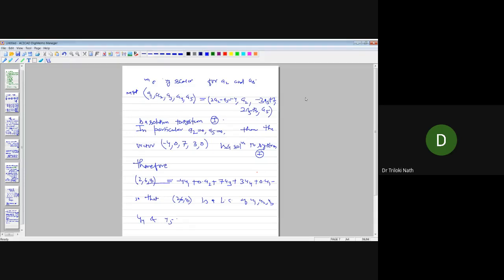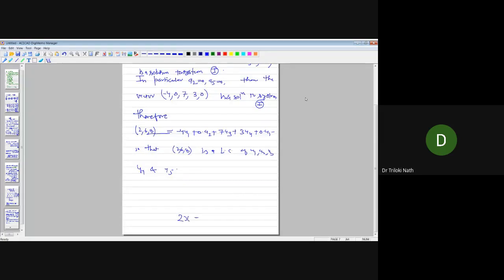Fine. So this process you have already done in your high school classes in 2 variables. For example, suppose you have 2x minus 3y is equal to, say, 5, and suppose you have x plus 3y is equal to 10, then this is a system of linear equations in 2 variables, that is x and y. So you have already solved this type of problem.